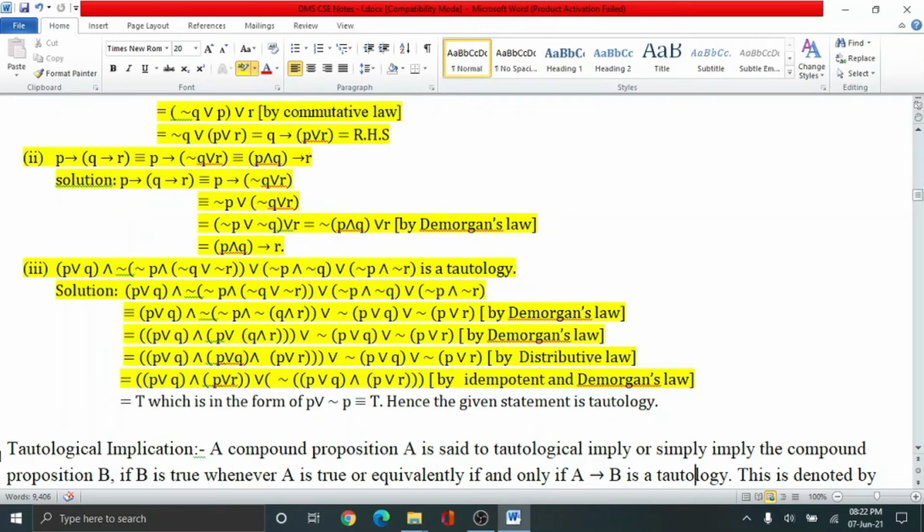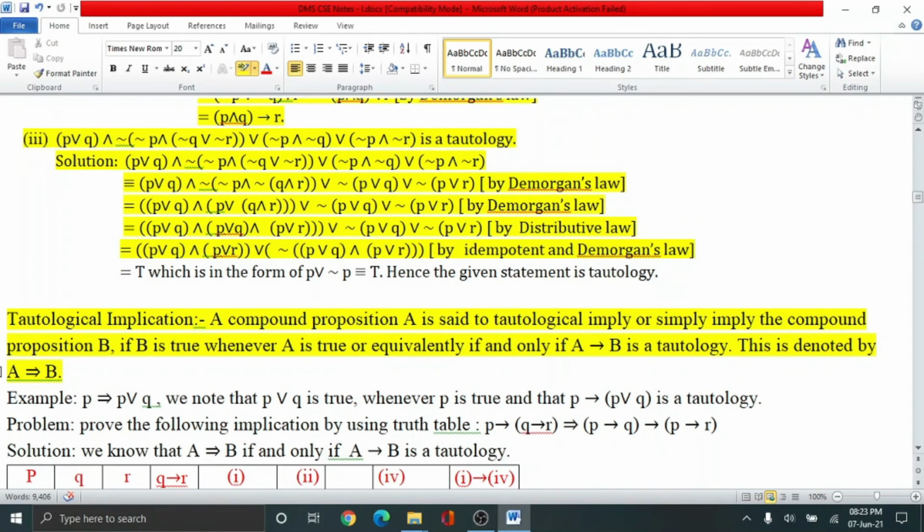Now let us have the tautological implication. A compound proposition A is said to tautologically imply, or simply imply, the compound proposition B if B is true whenever A is true, or equivalently if and only if A implies B is a tautology, and is denoted by this notation.